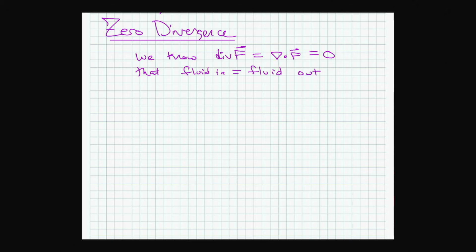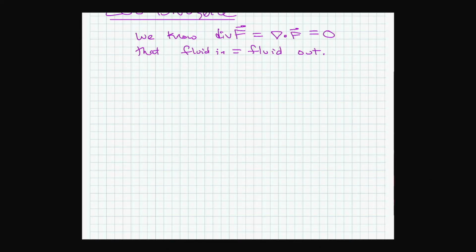Okay, that's what zero divergence means. But in terms of vocabulary around this, the first thing is we would call it a source-free vector field. So one, if div F equals zero, we call F a source-free vector field.